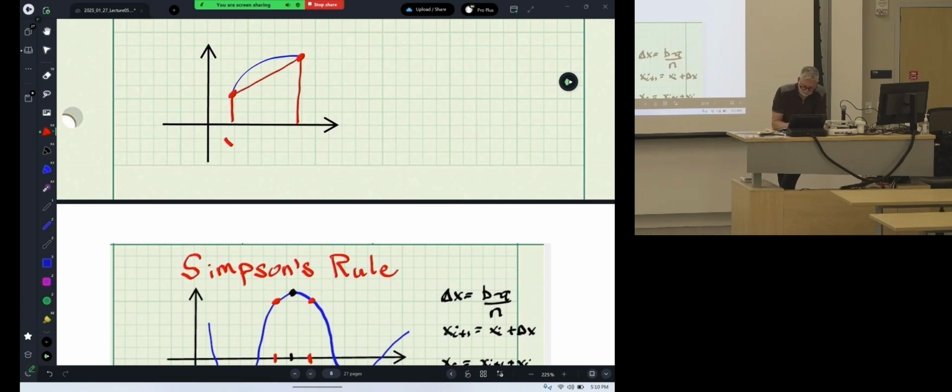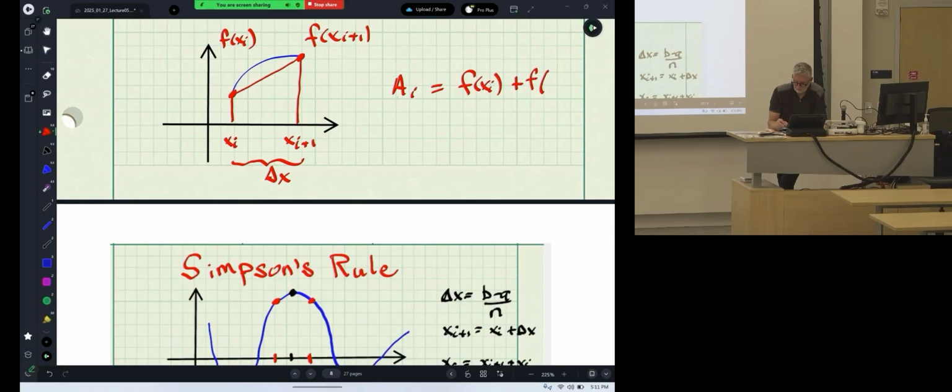And the trapezoidal rule says you take the average of the two endpoints and multiply times delta x.